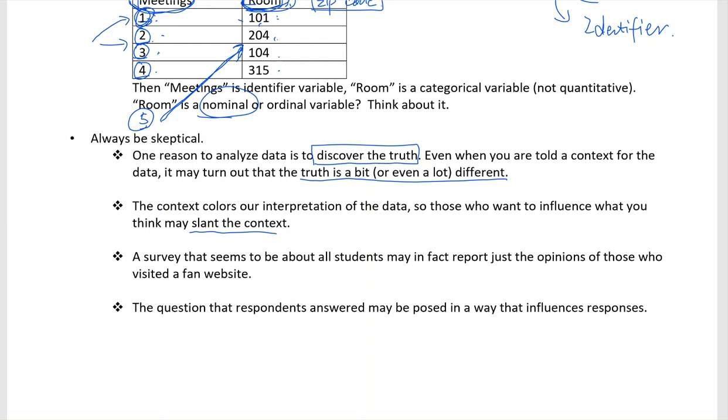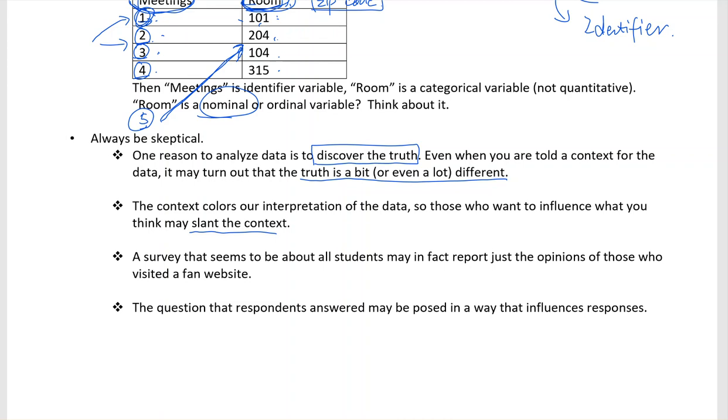I will not be concerned about it. So when you make the survey, you need to be careful to send it out to everyone, and then get responses from every aspect. And the last thing, the question that the respondents answered may be posed in a way that influences responses.